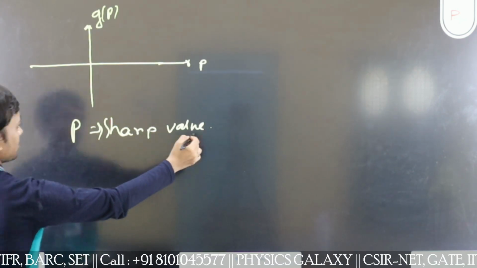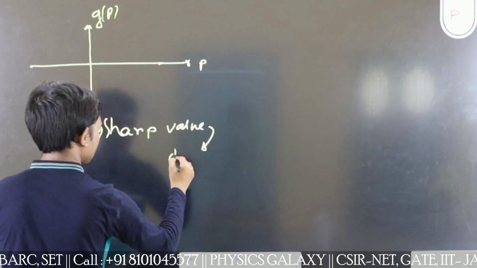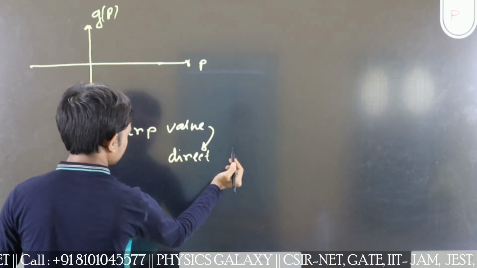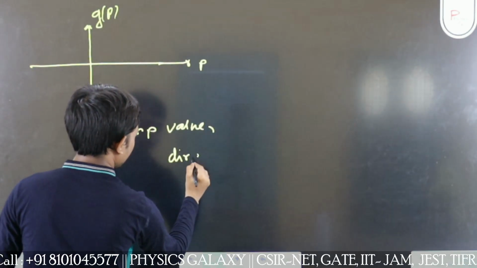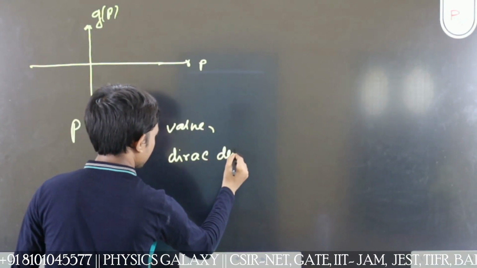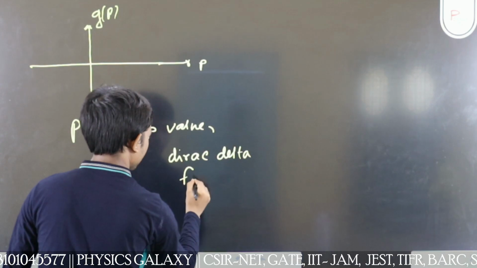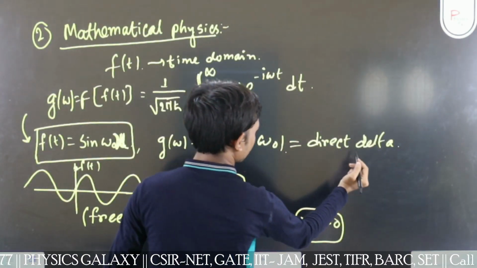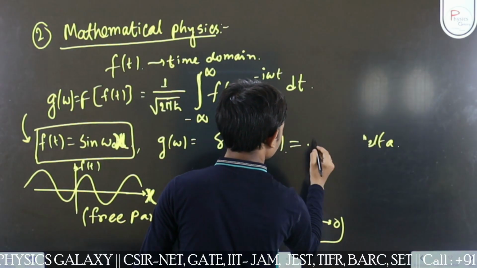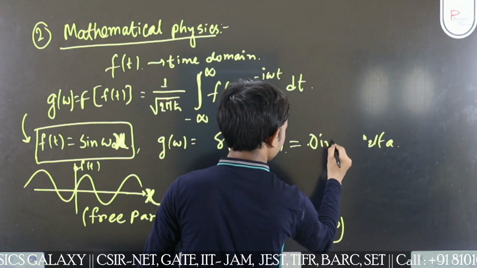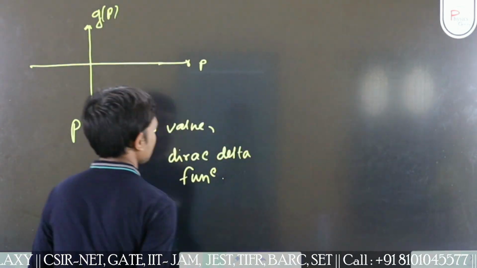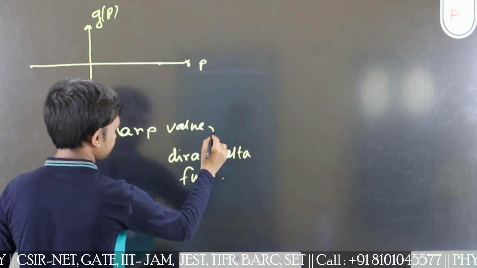A sharp value comes only from the Dirac delta function.